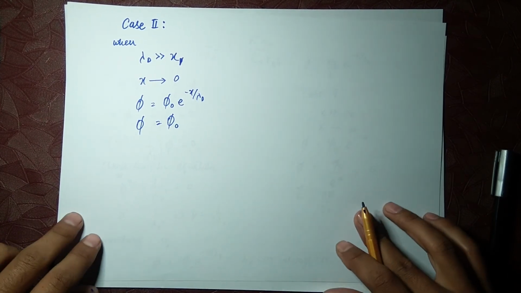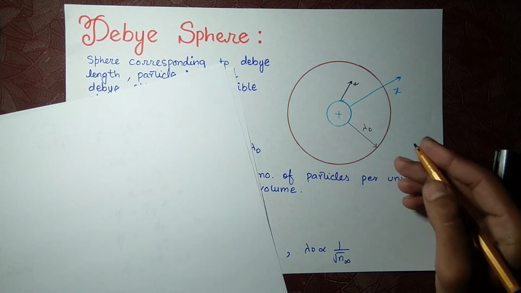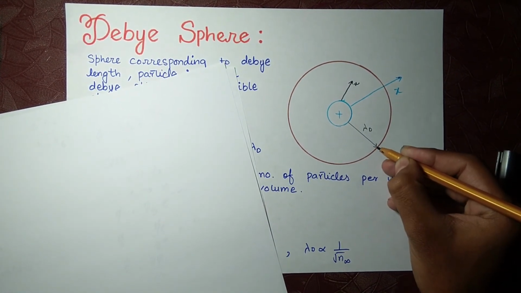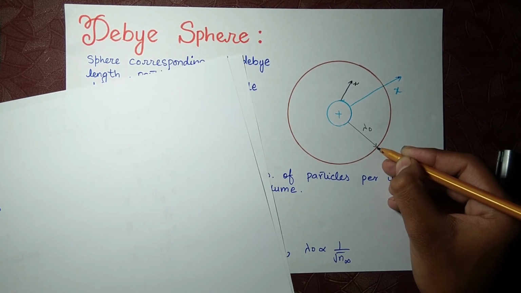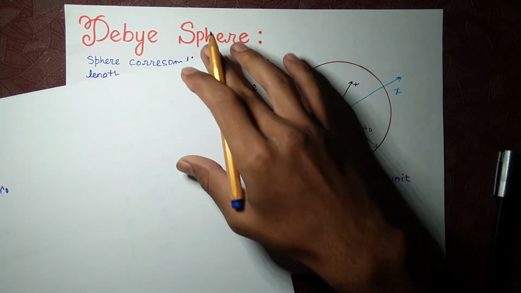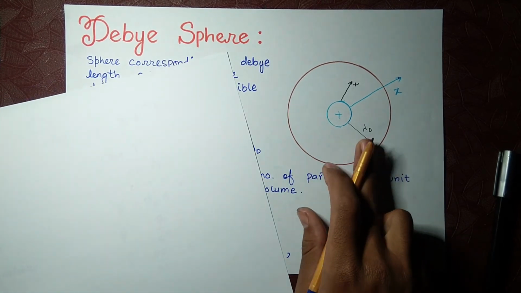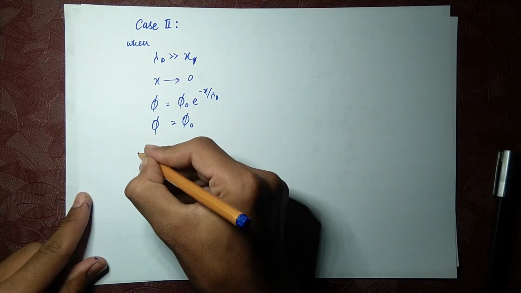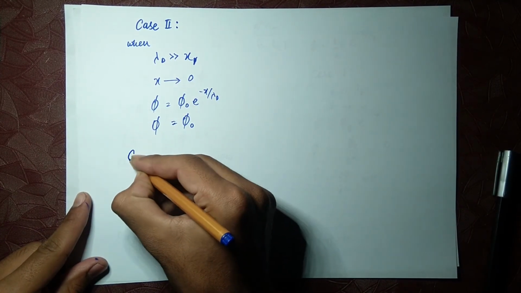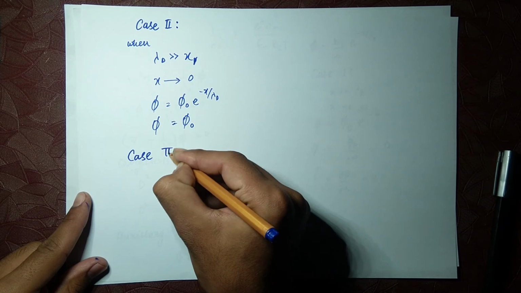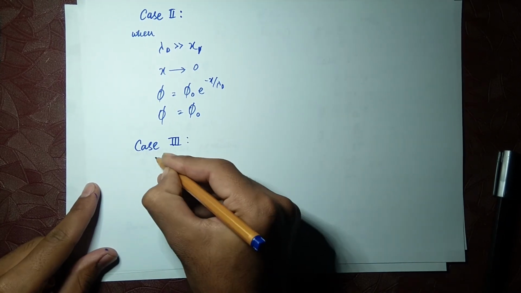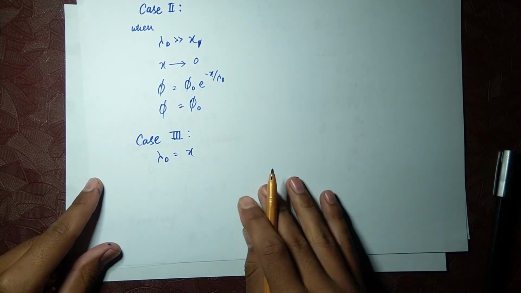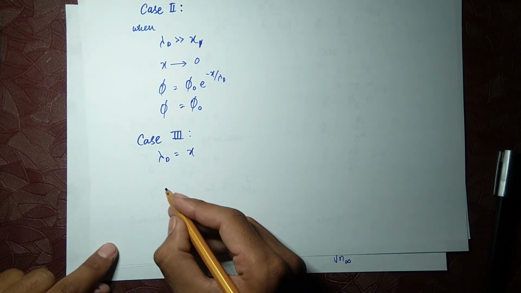Now we have our third and last case, when x is lying on the boundary. What will happen when lambda is equal to x? This is the case where lambda and x are equal. So our case 3, when lambda d is equal to x.